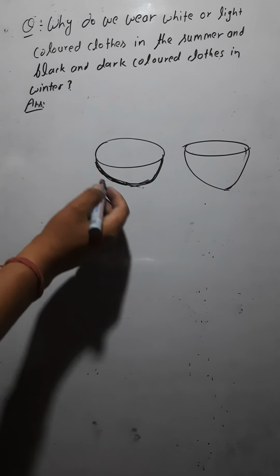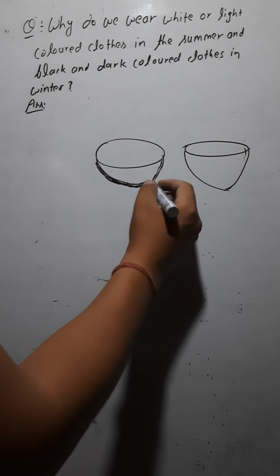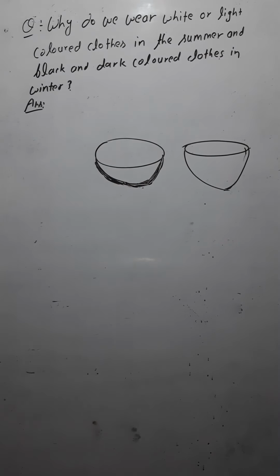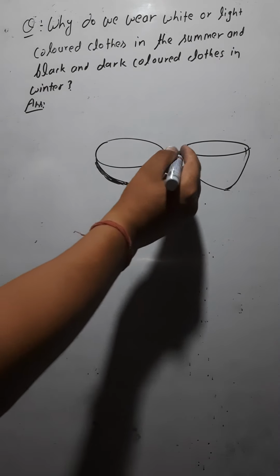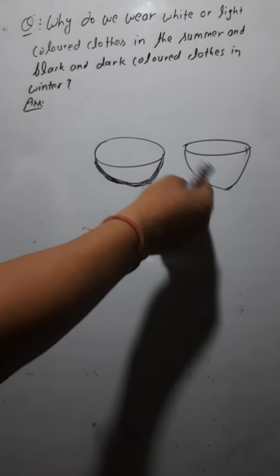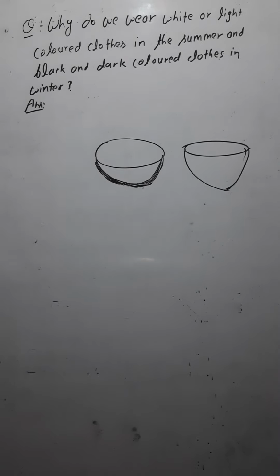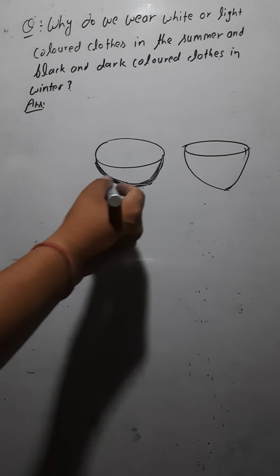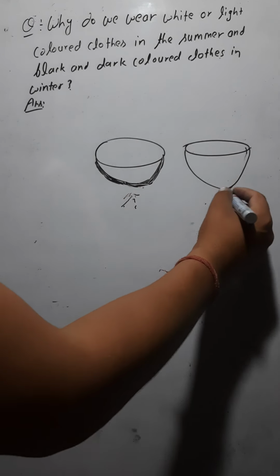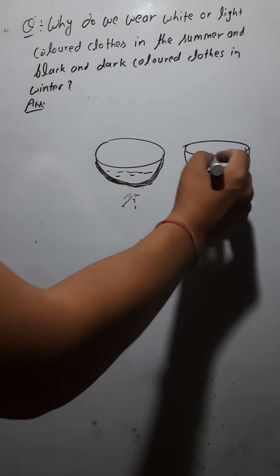The surface of this utensil is black. And this other utensil is not dark, just a steel or aluminium utensil. Now let me put both of these utensils over fire, and I have filled water inside them.